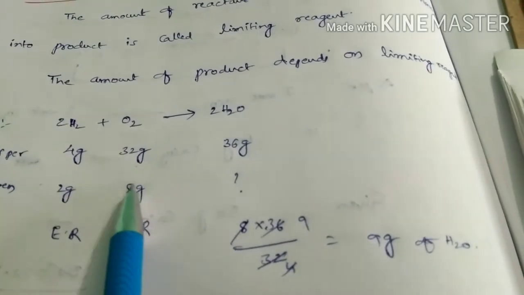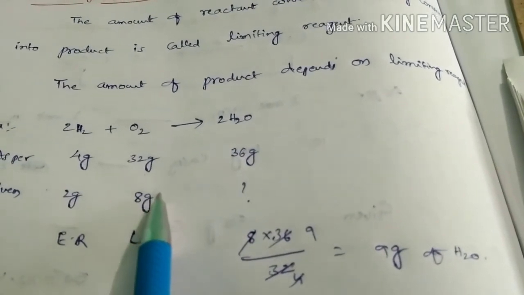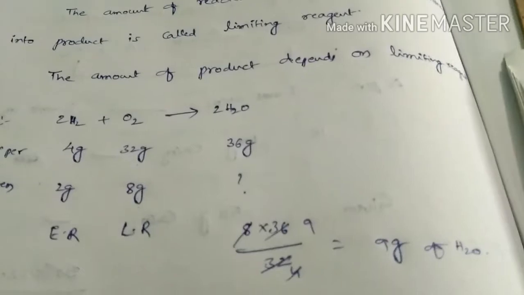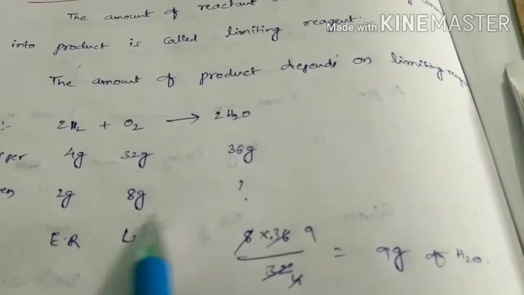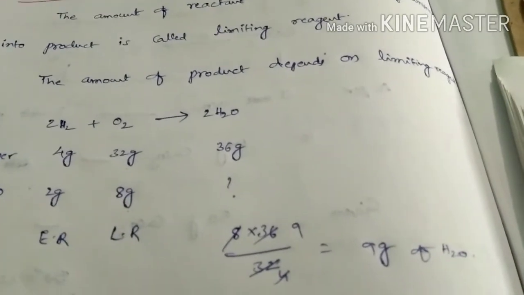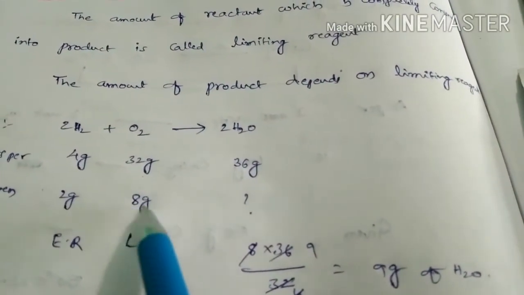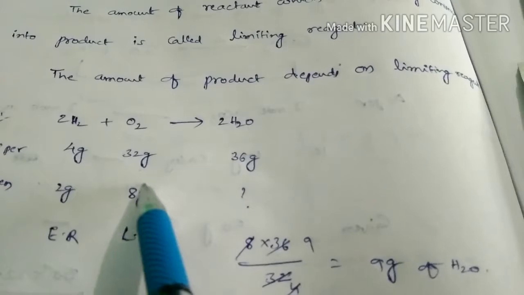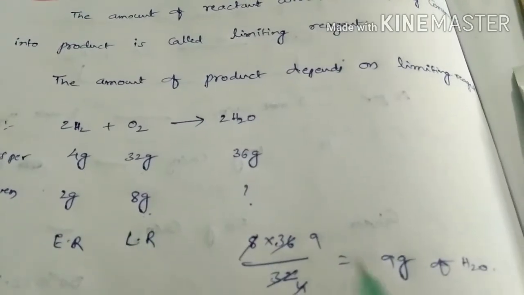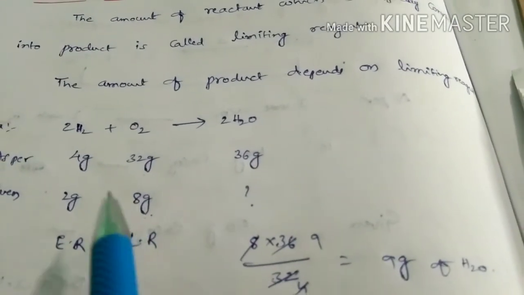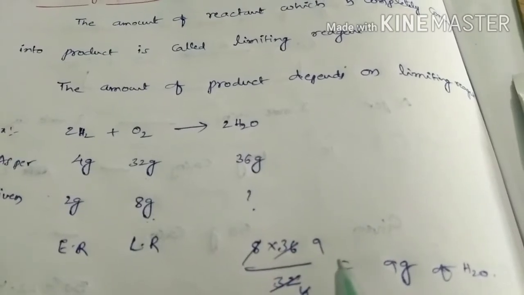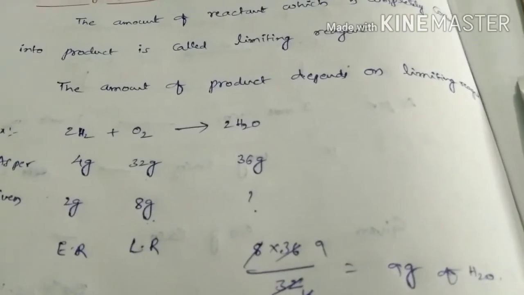But this oxygen's given amount is less than the required amount. So automatically, if the given amount is less than the required amount, that will be the limiting reagent.